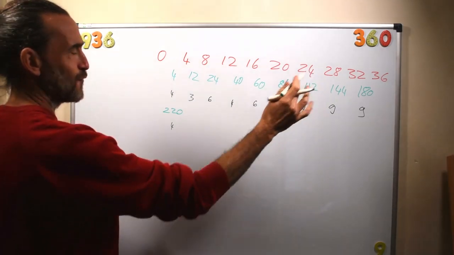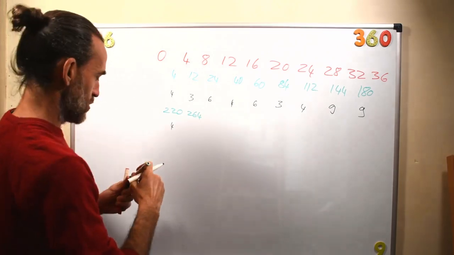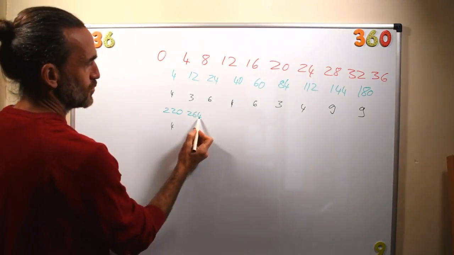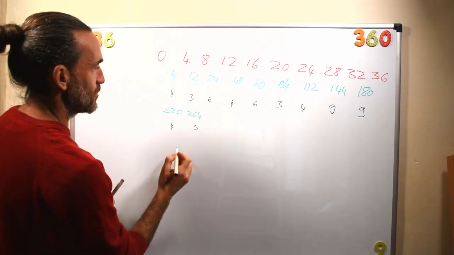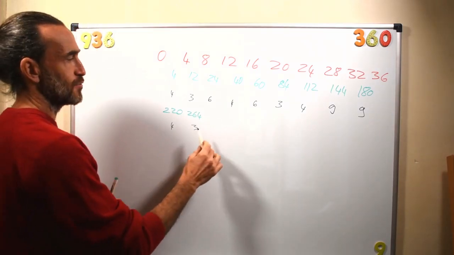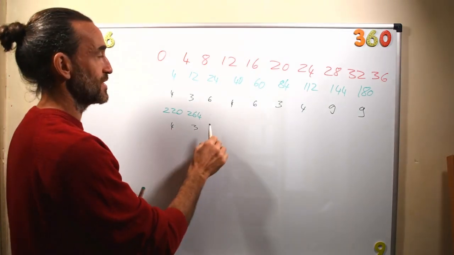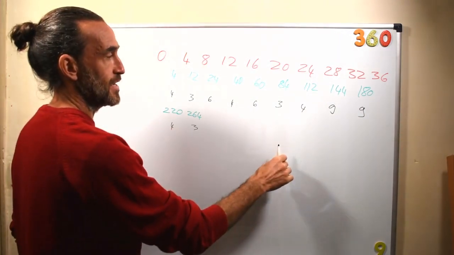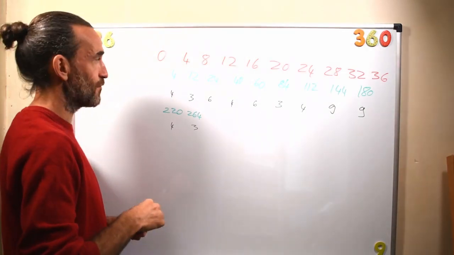If we were to add 44 onto this, that would give us 264. 264, 2 plus 6 is 8, plus 4 is 12, root number is 3. And I can tell you that the sequence just continues infinitely. 4, 3, 6, 4, 6, 3, 4, 9, 9. So that's the 4 times table.